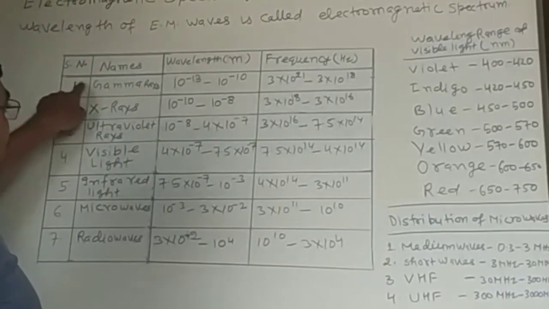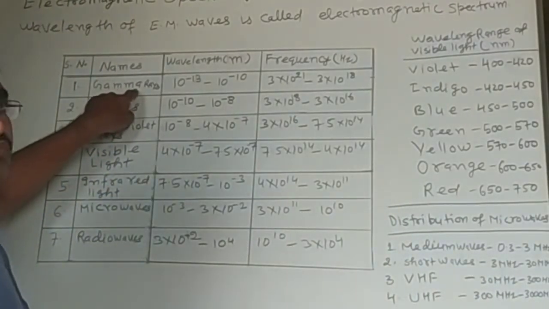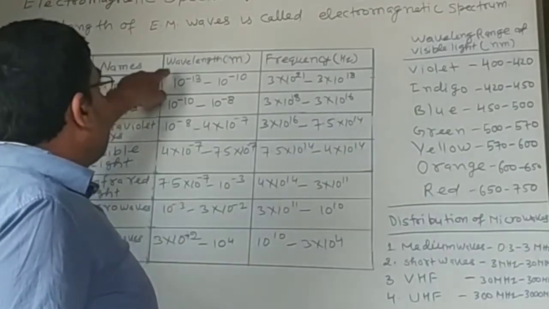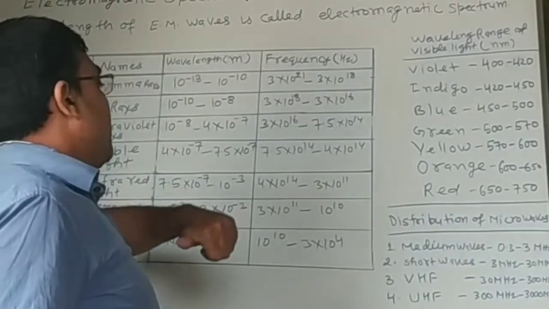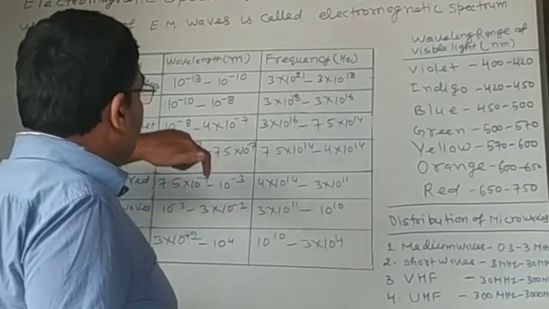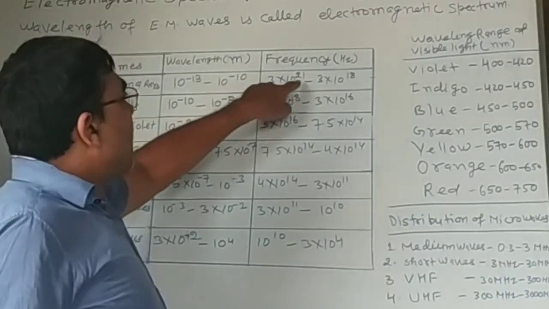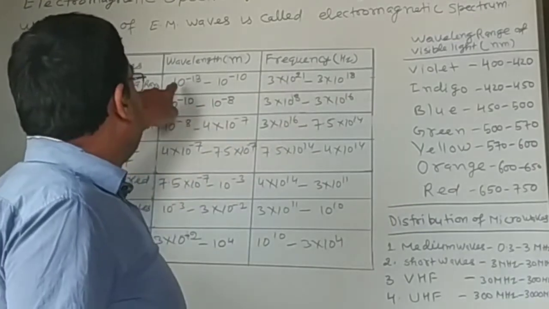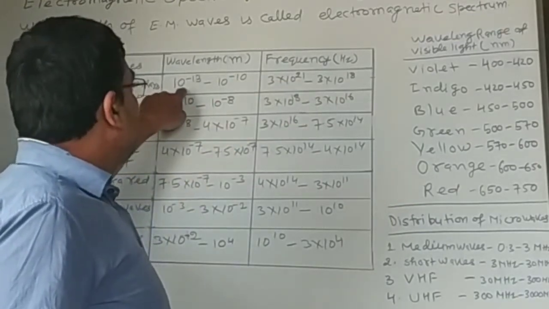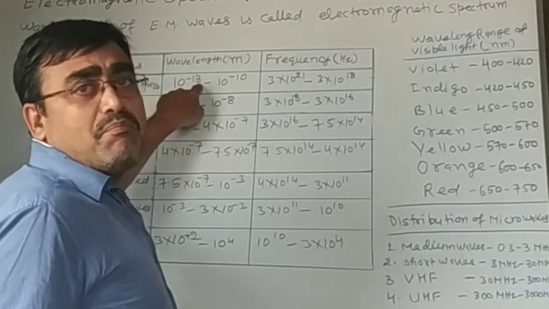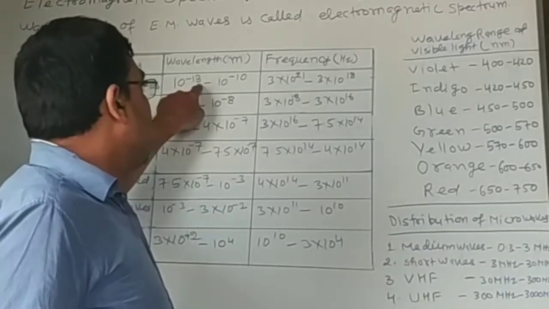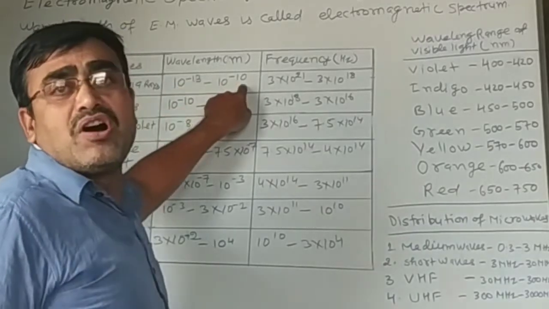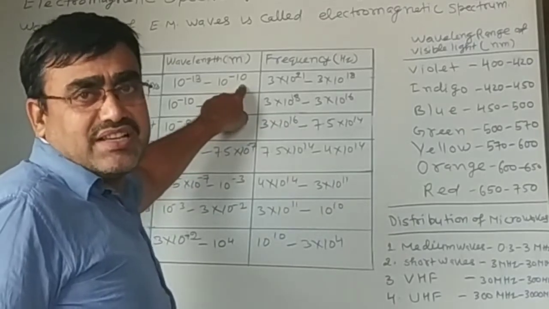Number 1, gamma rays. It has minimum wavelength and maximum frequency range. Its wavelength is 10 to the power minus 13 meter to 10 to the power minus 10 meter.